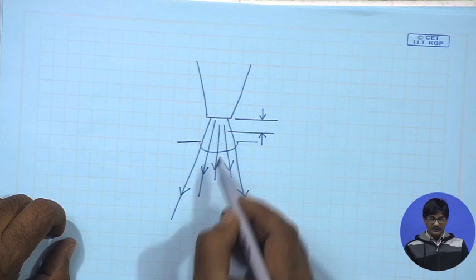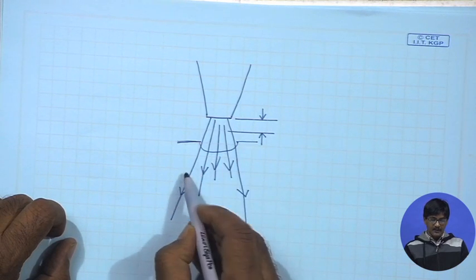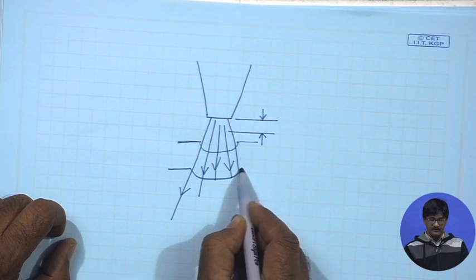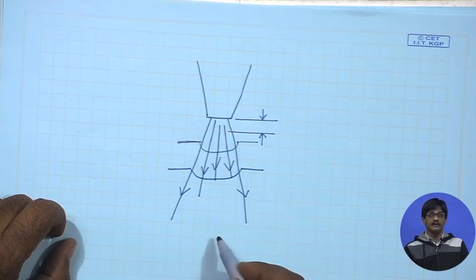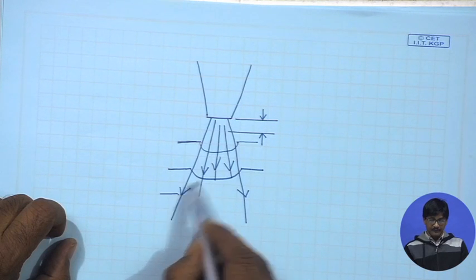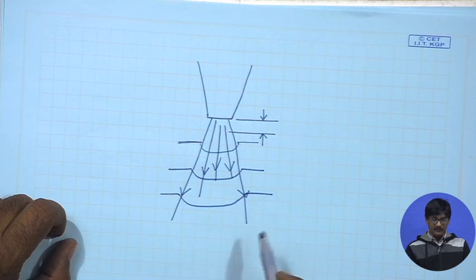Secondly, initially you will find that the MRR will rise. Why? Because a larger and larger area is coming under the effect of the jet, and therefore more and more material can well be removed.